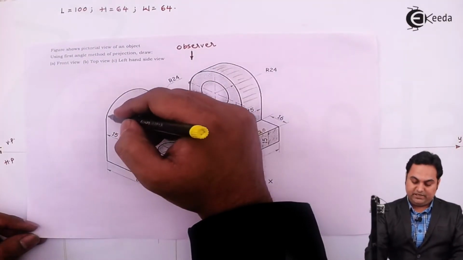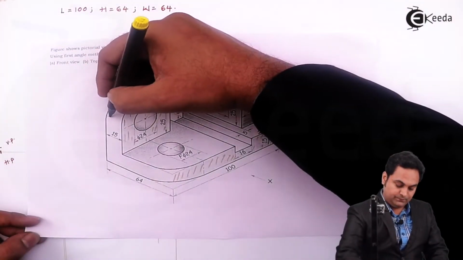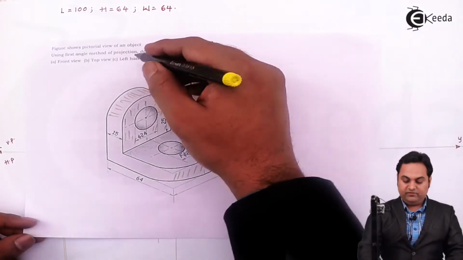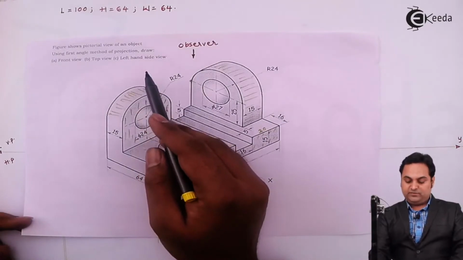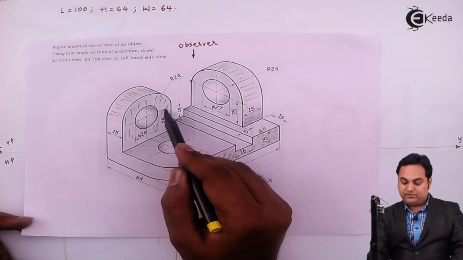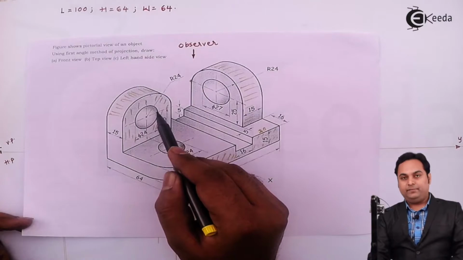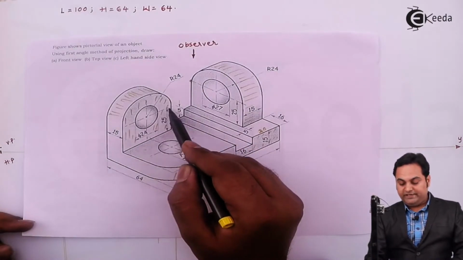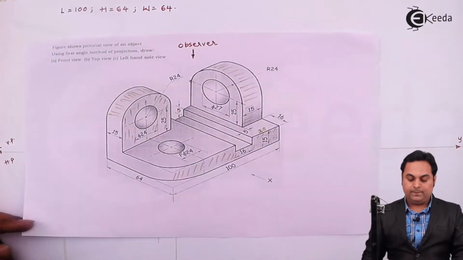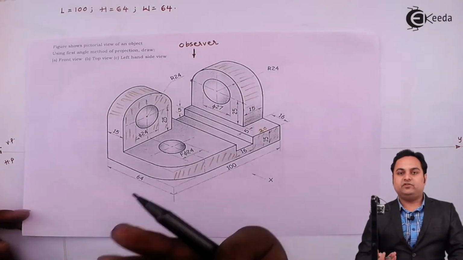Next, at the same time, another semicircular part will be visible from the top. Now this semicircle has a length corresponding to the diameter, which is 48, and its width is 15. So length we can get from the front view.